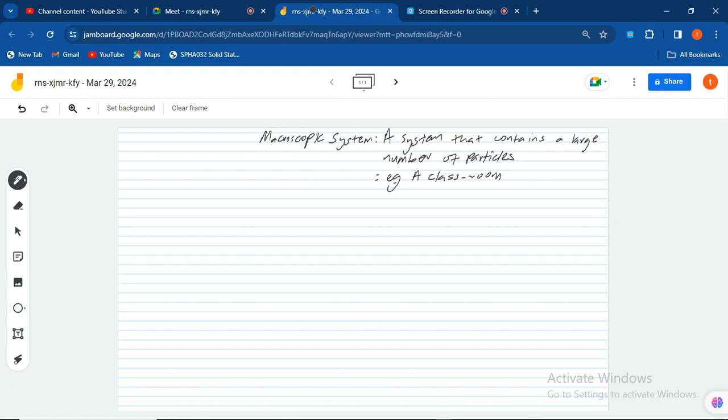And we also have to talk of what you call microscopic. When we say we are dealing with a microscopic system, it's also a system.